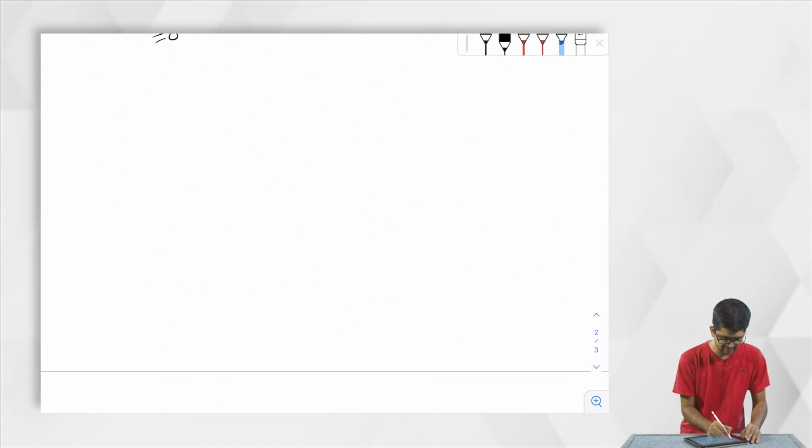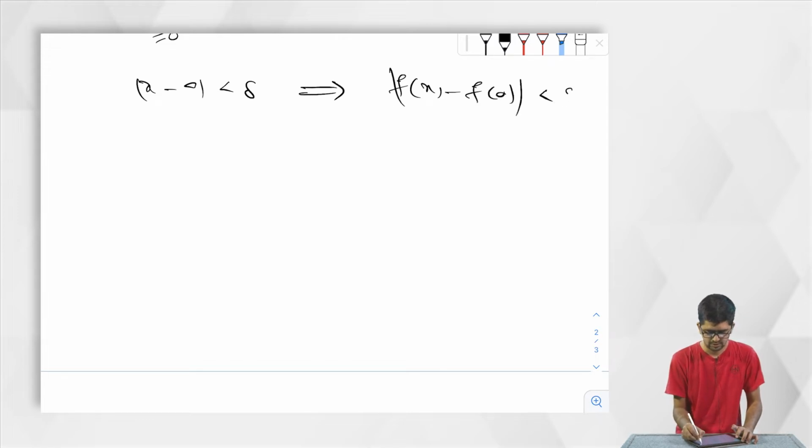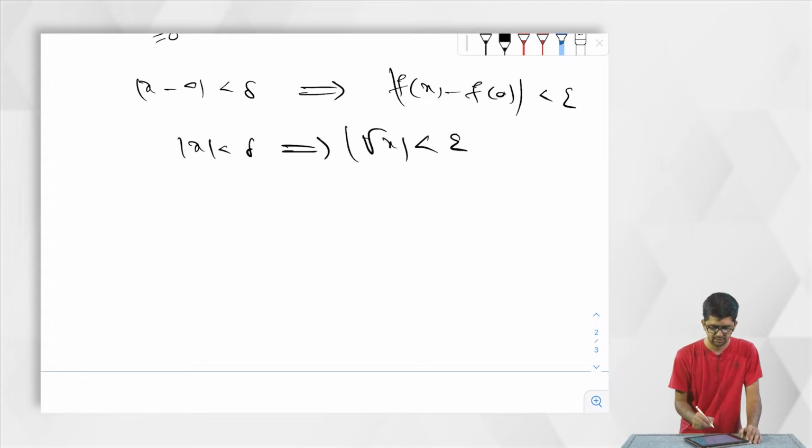So what we want is this: whenever mod x minus 0 is less than delta, we should have fx minus f0 less than epsilon. So what is fx? Fx is just root x, and x minus 0 is just x. So mod x less than delta should imply root x less than epsilon.